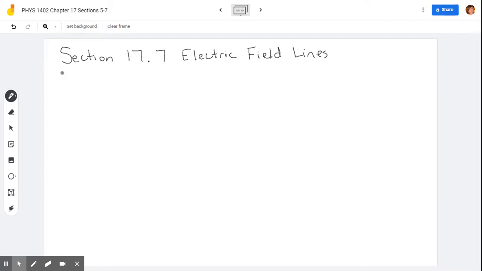All right, so here are some rules about electric field lines. First, electric field vectors are tangent to electric field lines at any point.